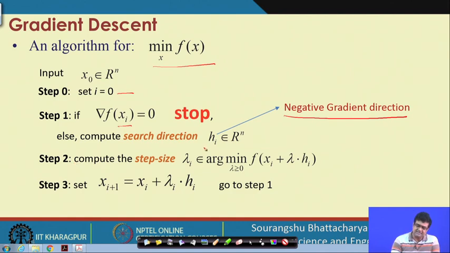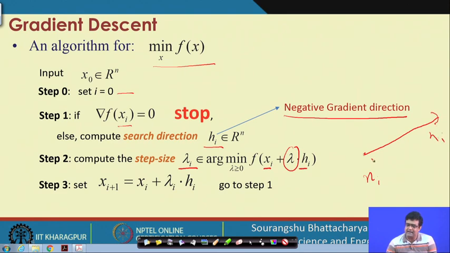Once we have computed this search direction h i, the next step is to compute a step size lambda i, such that if you are at x i and move in the direction h i by an amount lambda i, you get the new point x i plus lambda i times h i.